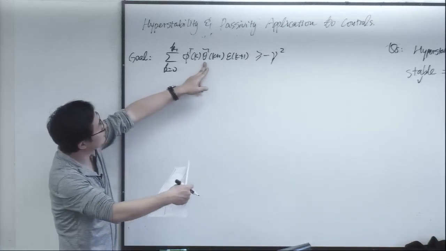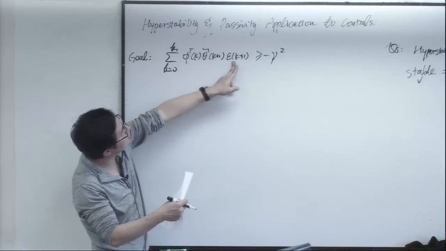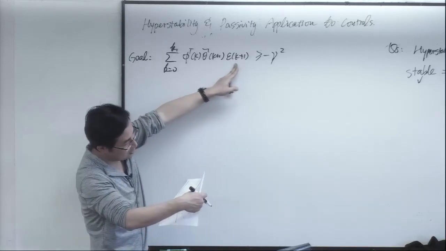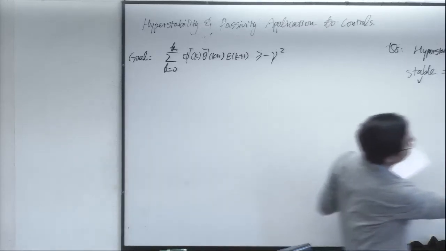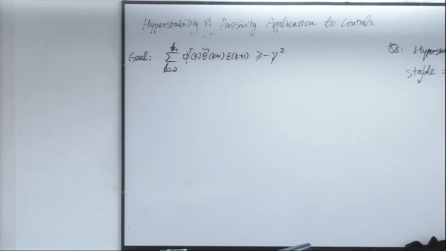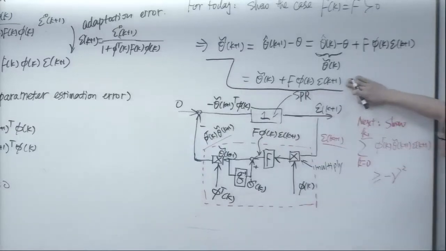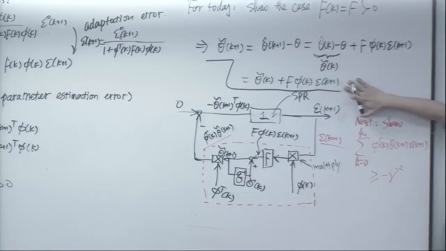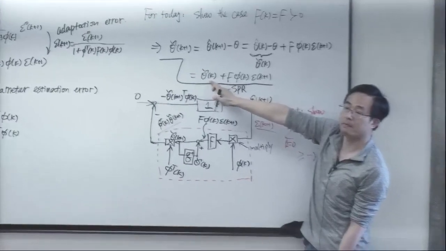Theta tilde k plus 1 shows here, and we have an epsilon k plus 1 here. We know from this equation, epsilon k plus 1 actually relates to theta tilde k plus 1 and theta tilde k.